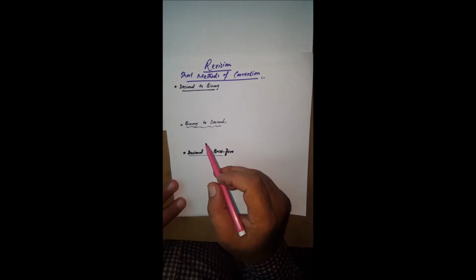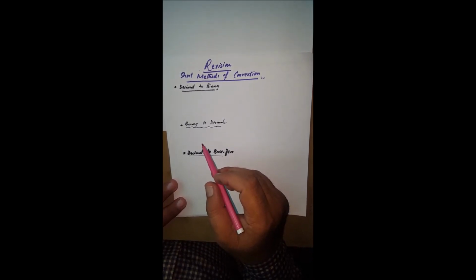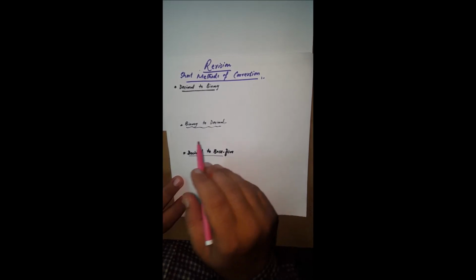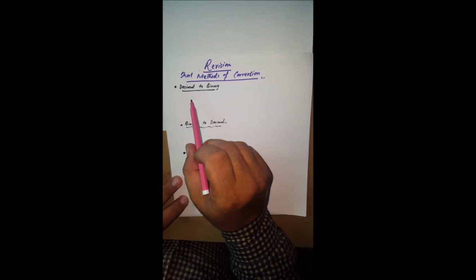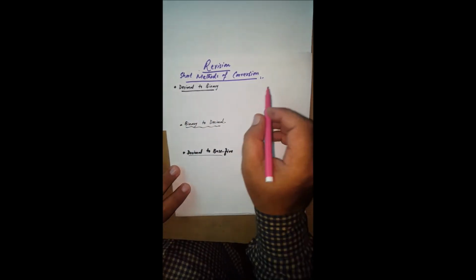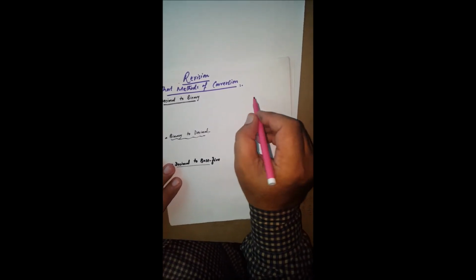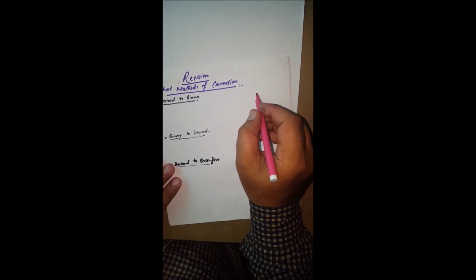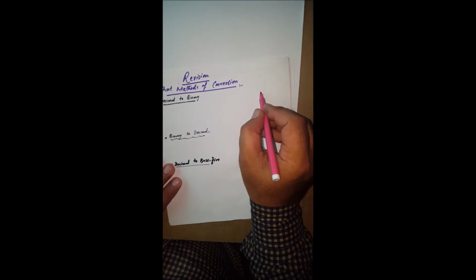In the last of the chapter, we will revise the short methods of conversion. First short method: decimal to binary. First, we have to remember in a binary number the bits used from right hand side to left hand side.